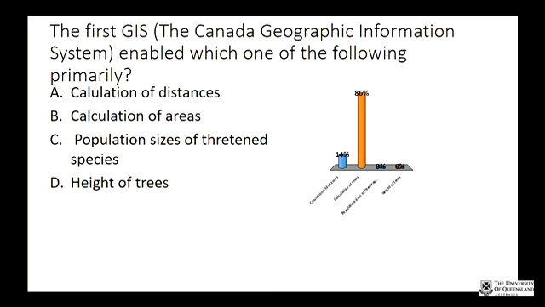It wasn't trivial, and being able to use computer technology at that time to calculate areas of things was a massive advance. That was the initial driving force for GIS, and obviously area is a spatial aspect. Okay, make sense? Calculation of distances sort of came later.